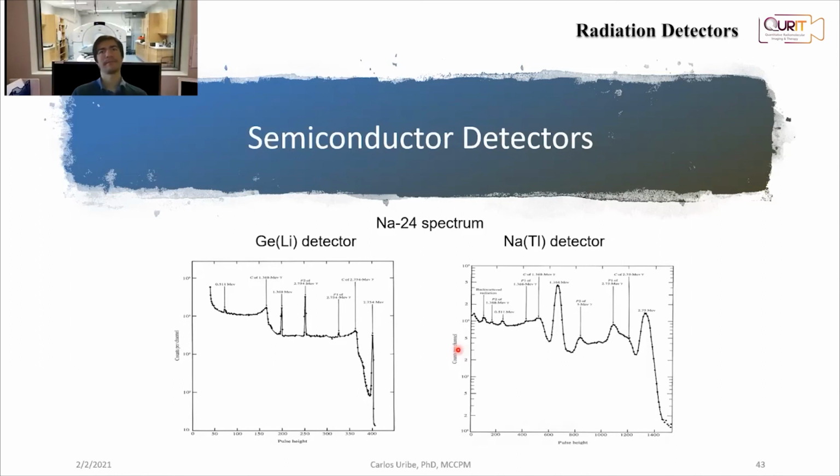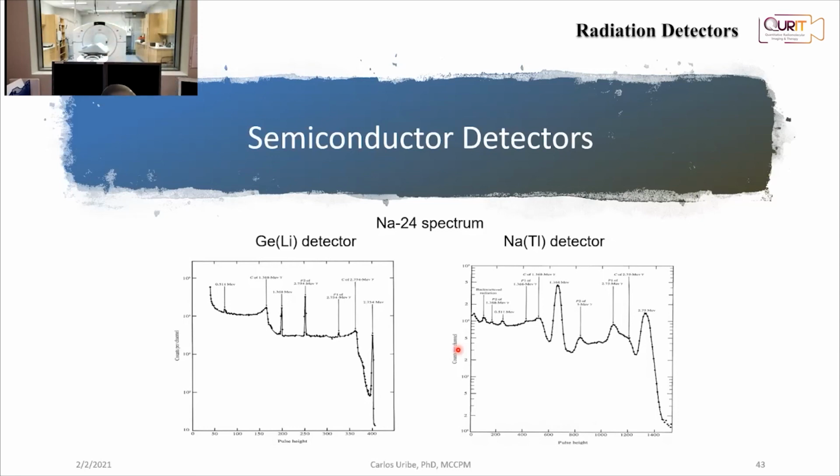You're going to keep hearing about this, and even though we're going to talk in detail about scintillation detectors, which have been the primary approach to detection of gamma rays, semiconductor detectors are definitely starting to appear in newer applications.